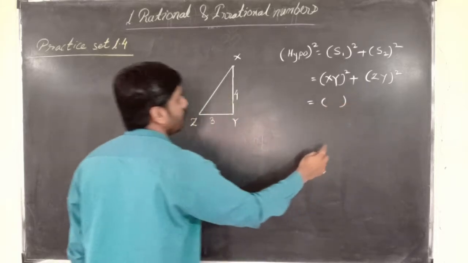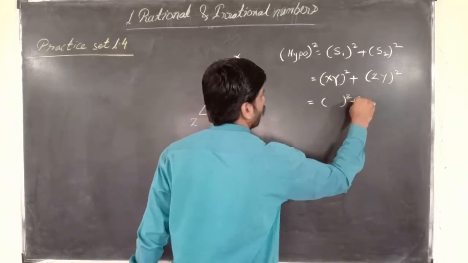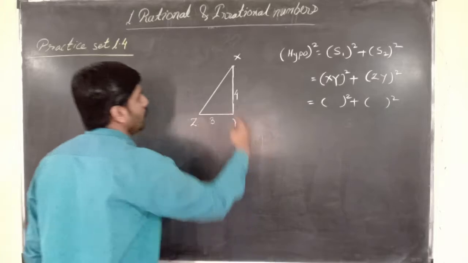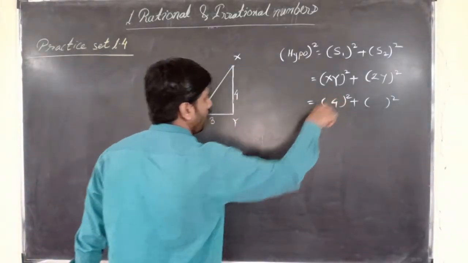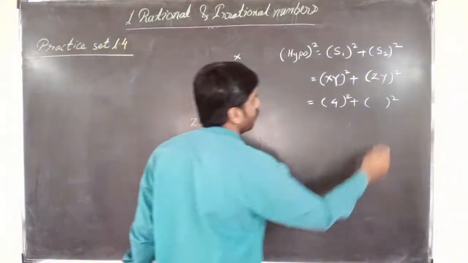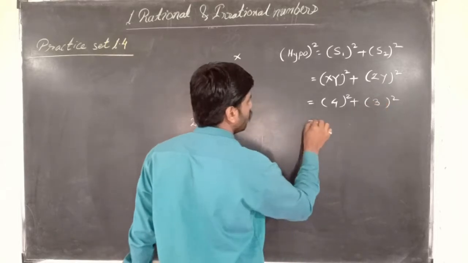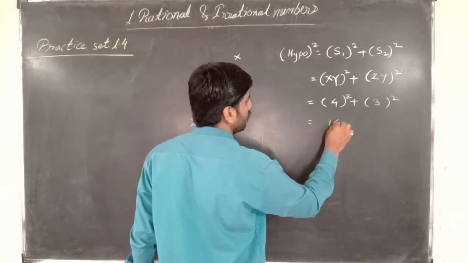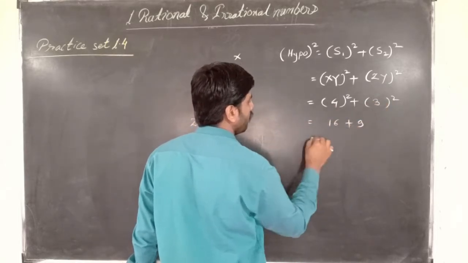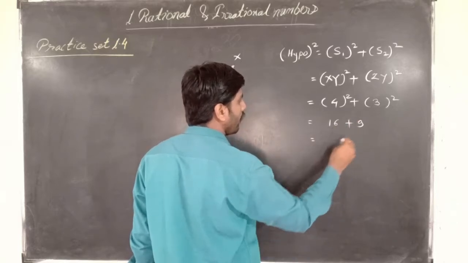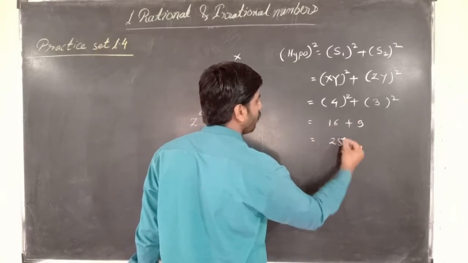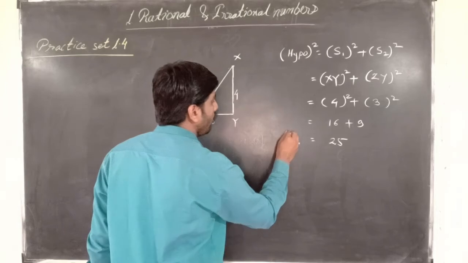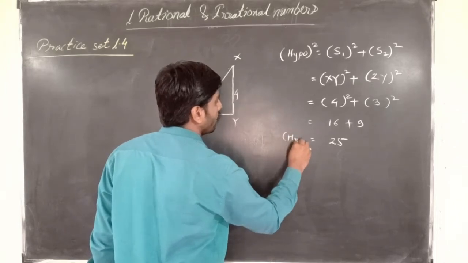But we know that length of XY is 4 and length of ZY is 3. So this will become 16 and 3 square is 9. 16 plus 9 is 25. But this is actually hypotenuse square.